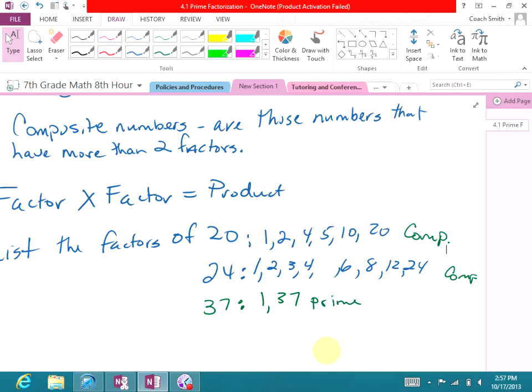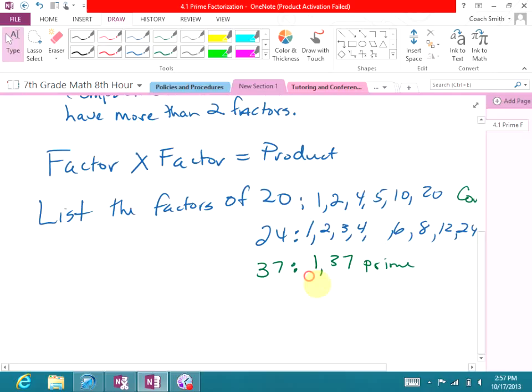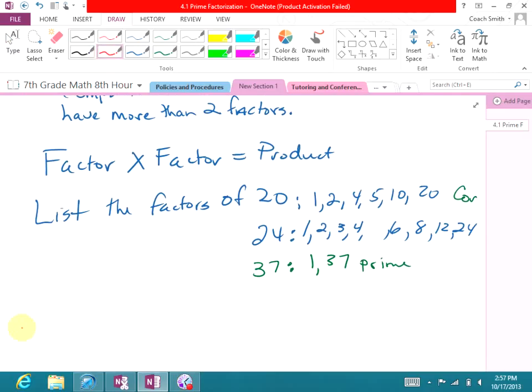Okay, so I want you to list on your own now the factors of 54. I would highly suggest listing them in their pairs.